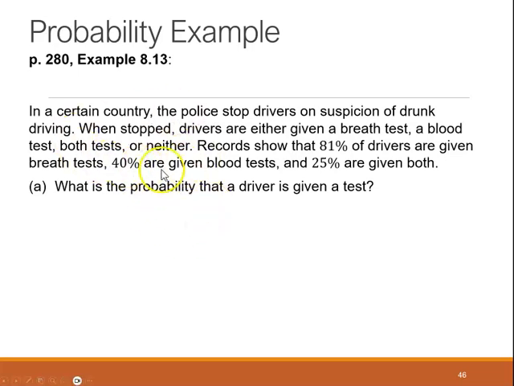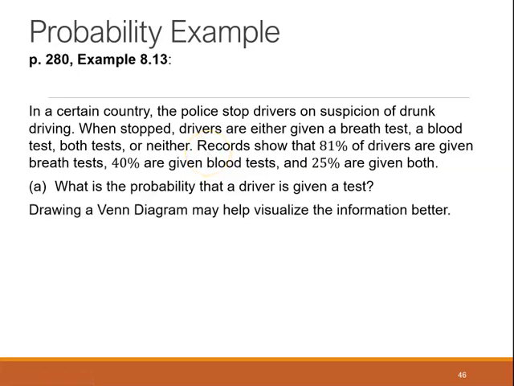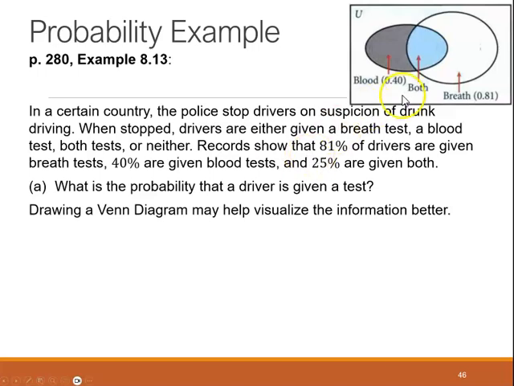When I have events that are not mutually exclusive, I want to start by drawing a Venn diagram. I think that makes everything quite a bit simpler. So here is my blood, my breath, and the both. If the blood tests are 40%, I know that circle is 40%. The breath is 81%, so that circle is 81%.